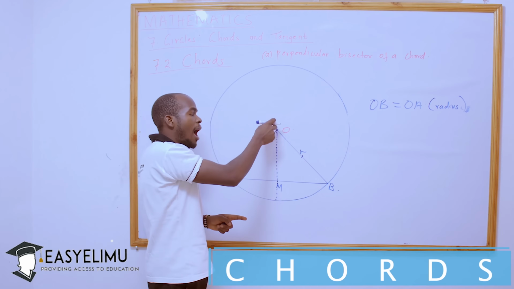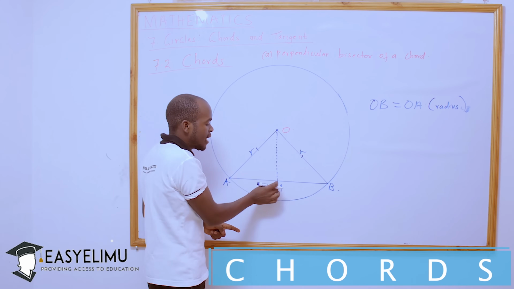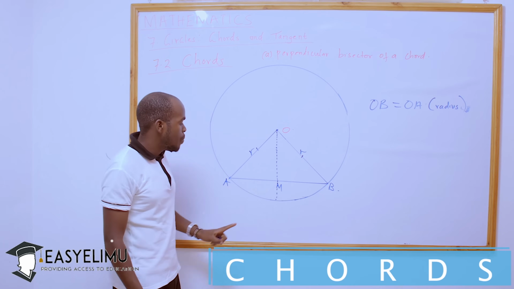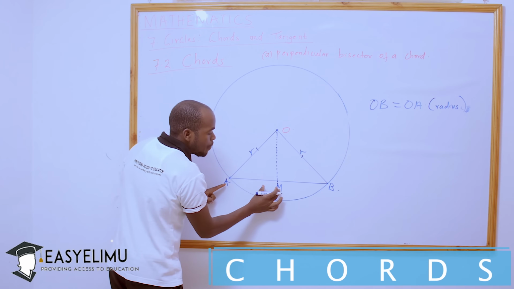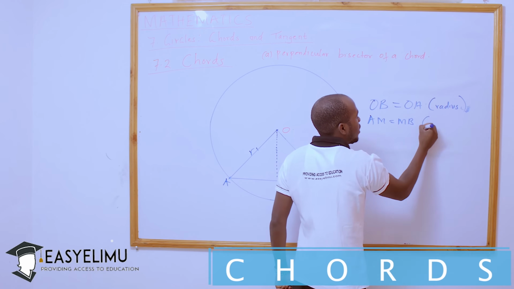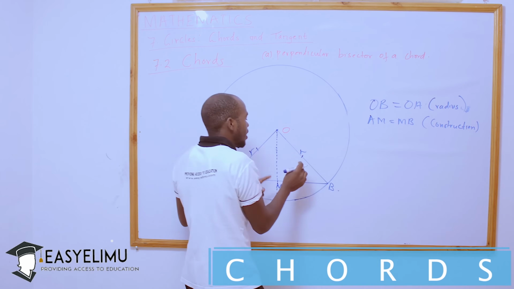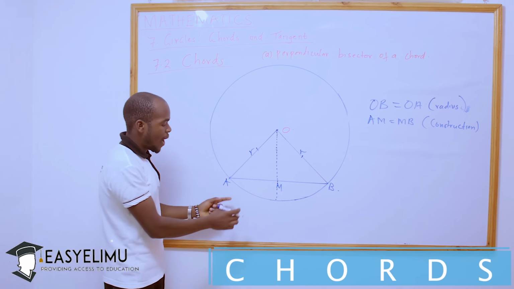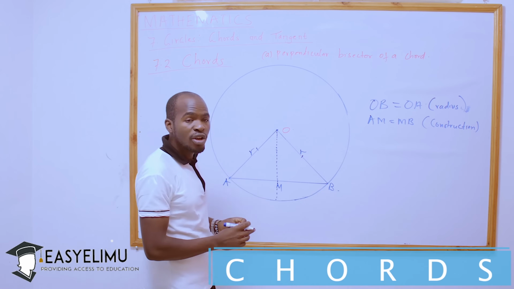From this triangle, if a straight line bisects this angle, you will find it cuts the chord AB at point M, meaning each cut is equal, so we shall have AM equal to MB. We find this by construction, whereby you bisect the angle subtending that chord at the center. You will find it cuts it into two parts, meaning AM will be equal to MB, and that one you find by construction.